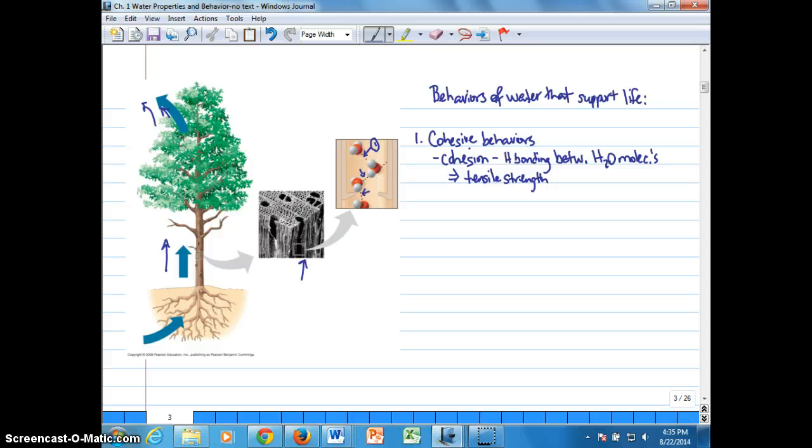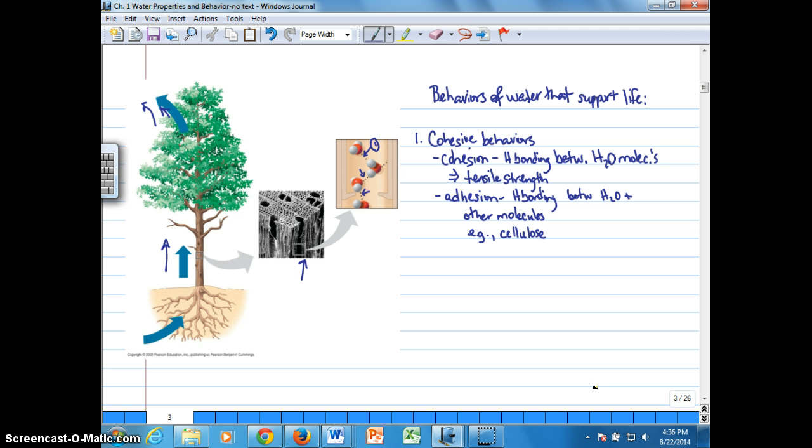All right. Another behavior that's characteristic because of, or a result of cohesive behaviors, is adhesion. And adhesion is defined as hydrogen bonding between water molecules and other molecules, such as, in the case of xylem, cellulose.